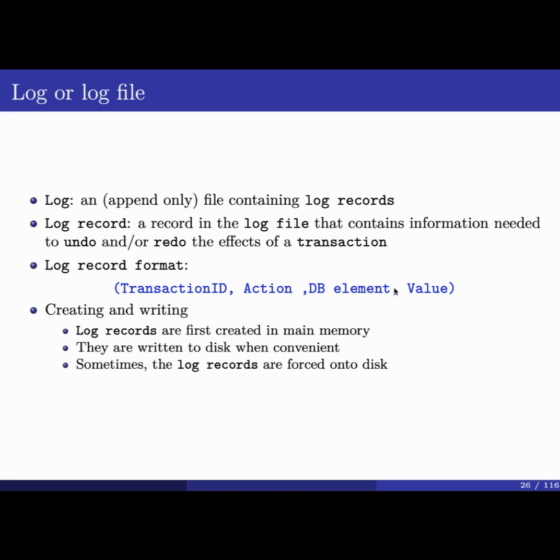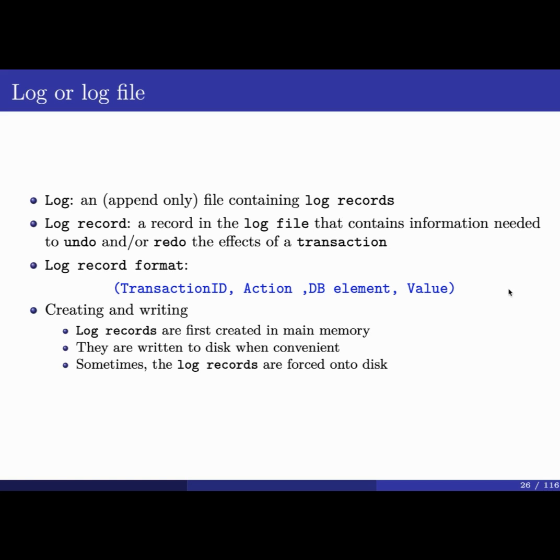Whatever you're doing in your transaction creates this information, and we're going to see that we have different ways to build this log file. It must be created in the main memory, definitely. All the information goes into one block, and you store the log record in this block in the main memory.